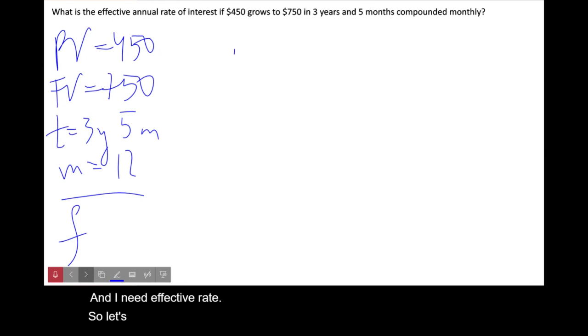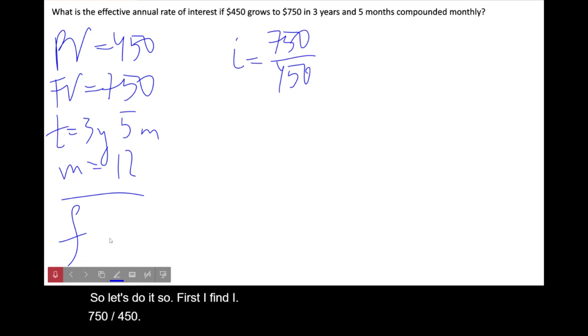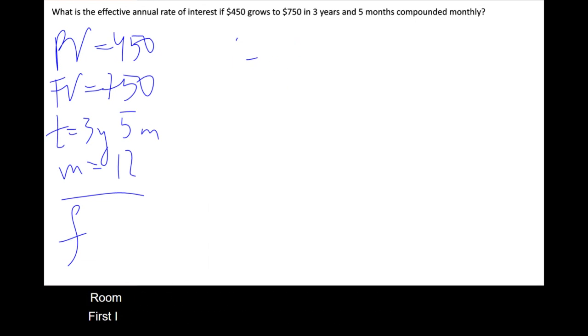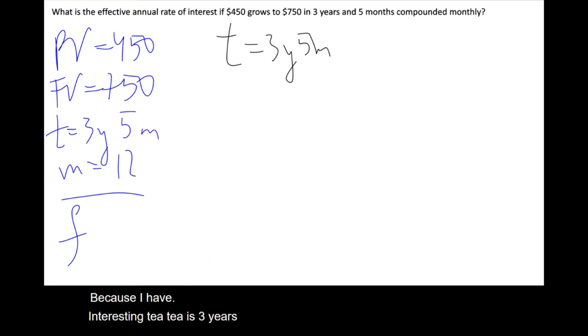So let's do it. So first I find i, 750 over 450. Yeah, no. First I find n, because I have t. t is 3 years 5 months.